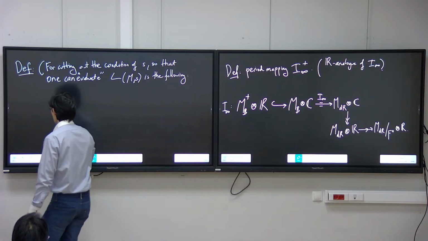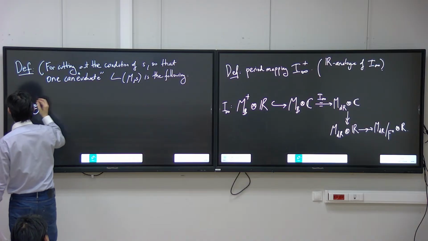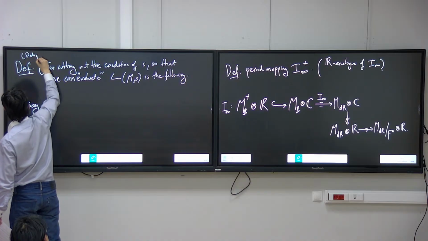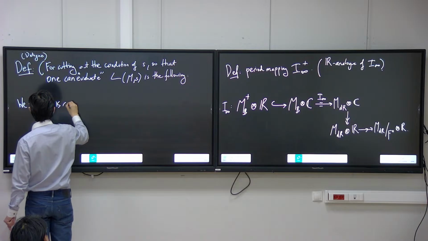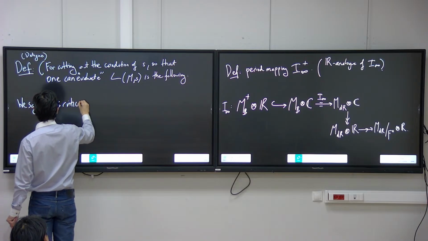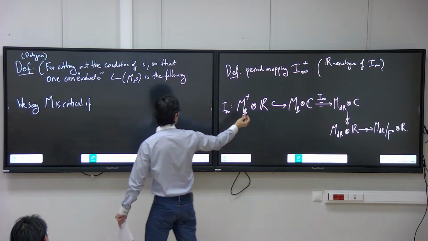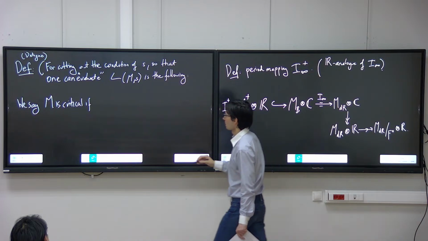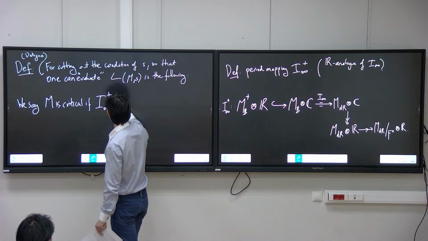This is due to Deligne, by the way. We say M is critical if this analog of the period morphism, I_infinity^+, is an isomorphism.